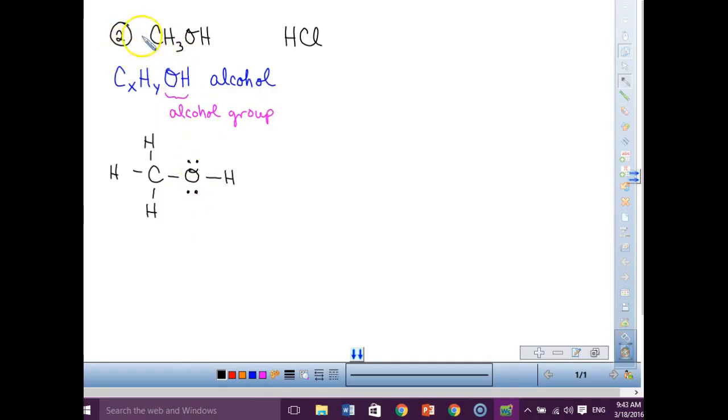If there were more CHs hanging out here, like if it was CH3, CH2, OH, you would have the CH3 on the end, there would be another carbon with an H and an H, and then the OH part. A little bit of organic chemistry for you. Looking at that, would you say that this is a nonpolar or polar molecule? Is it symmetrical? No. So therefore it's polar.